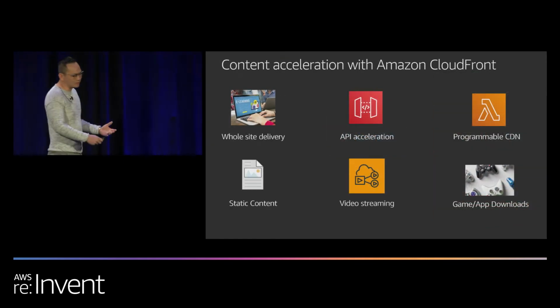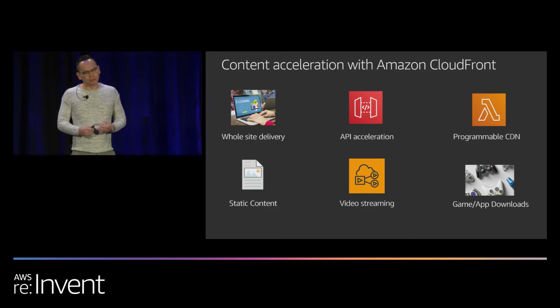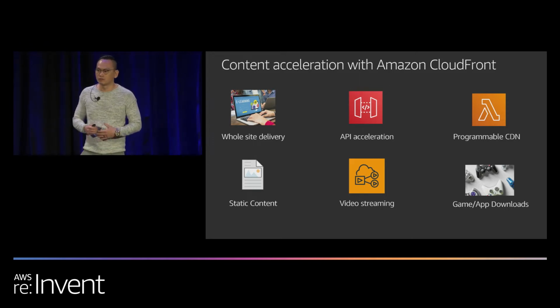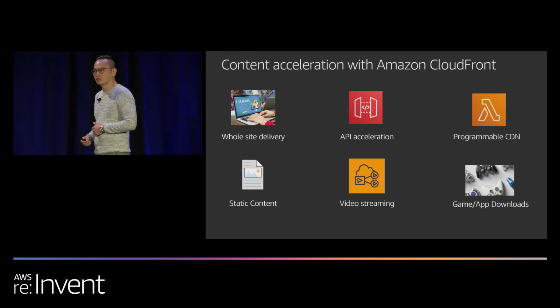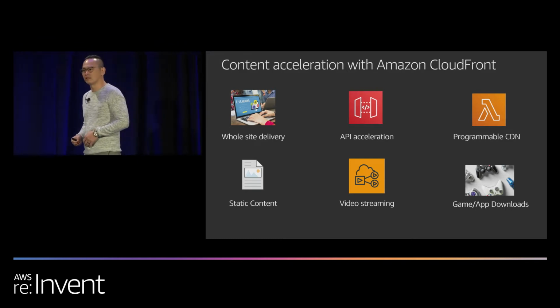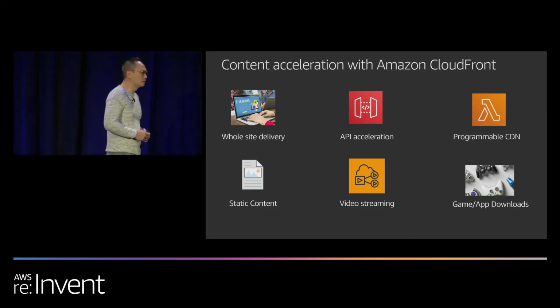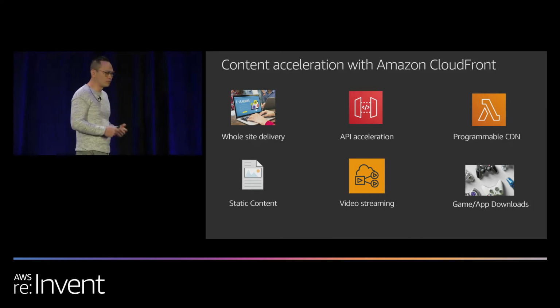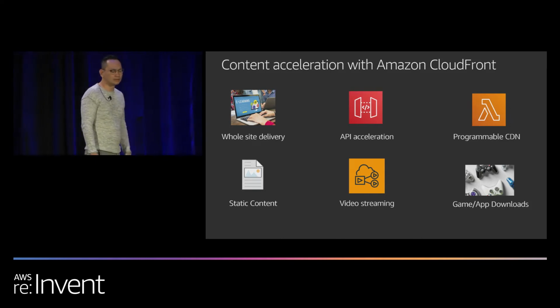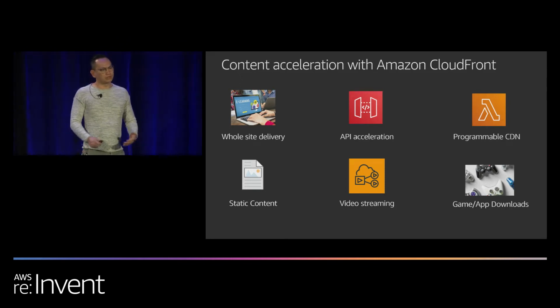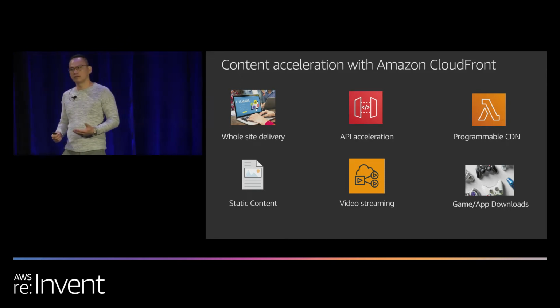All right, so I talked about a few of the workloads, but we really have customers using us for all different workloads, from API acceleration to large file downloads like software updates, game patches. Of course, you have your static delivery, such as reports, images, files. But we also have a very cool feature built into the service called Lambda Edge.